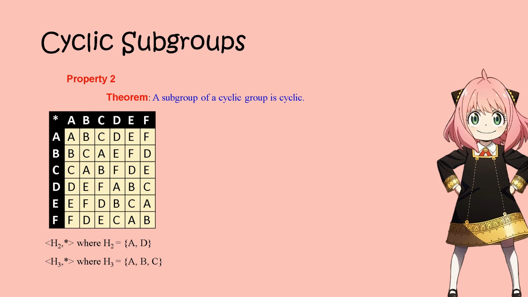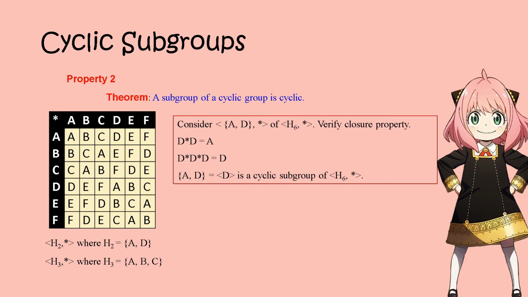Next are the cyclic subgroups. Property 2, theorem: a subgroup of a cyclic group is cyclic. So let's consider the subgroup H sub 2, which contains the elements A and D under binary operation star of H sub 6. Then let's verify the closure property.